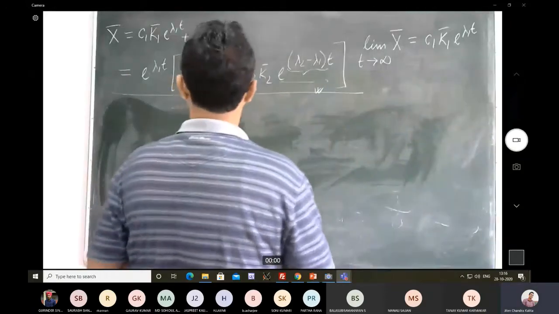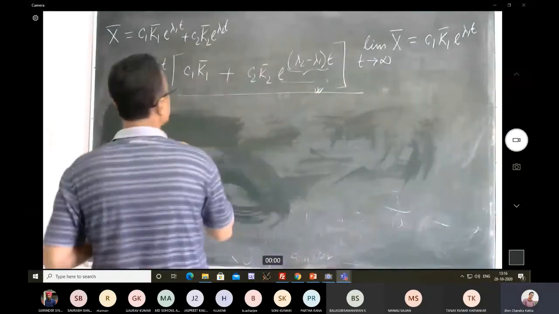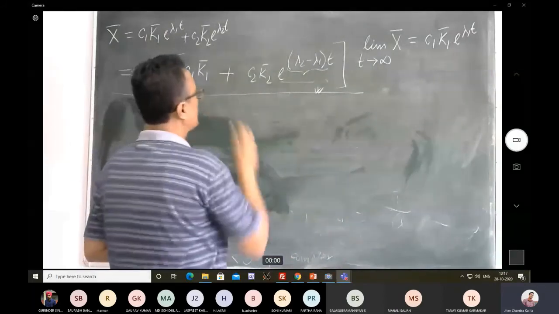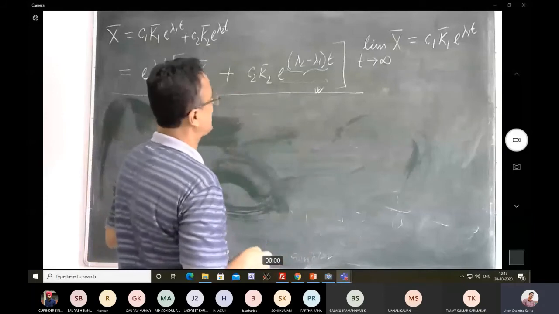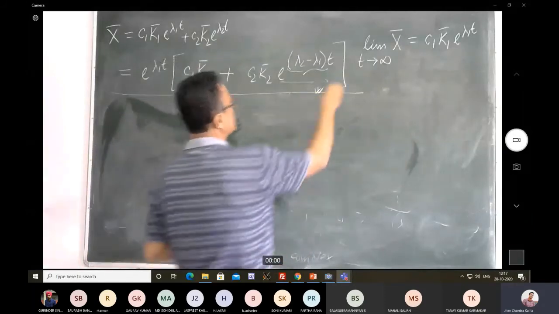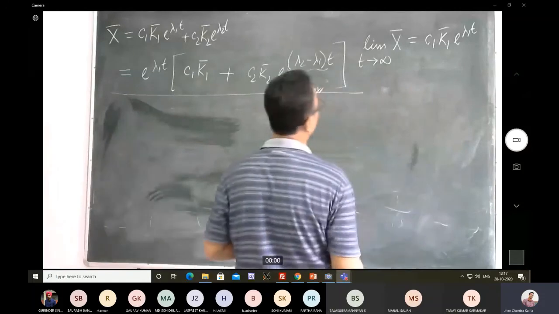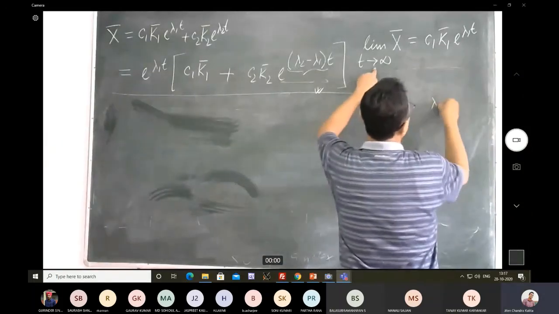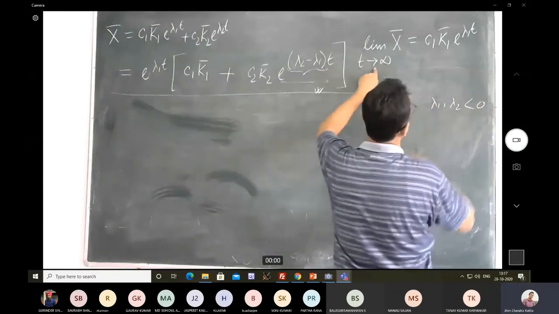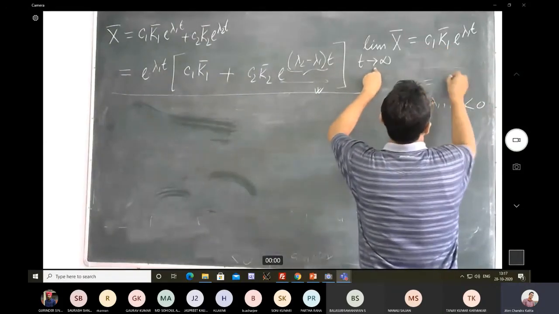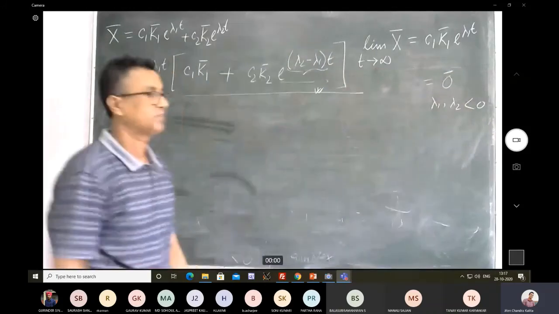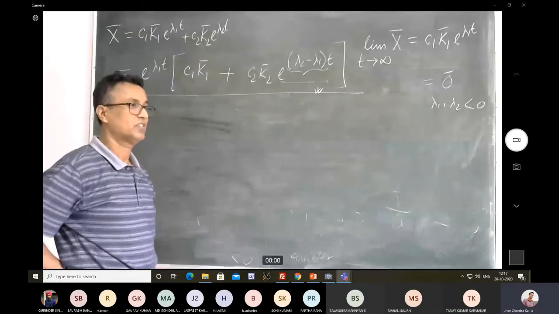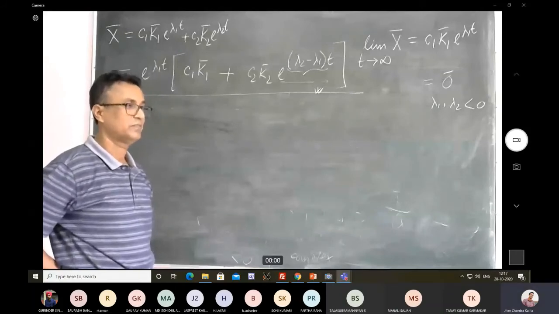Okay, fine. So now I am taking the case when lambda 1, lambda 2 are both negative. Whatever happens, as t tends to infinity, if both lambda 1, lambda 2 are less than 0, then this is always going to go to the 0 vector, isn't it?